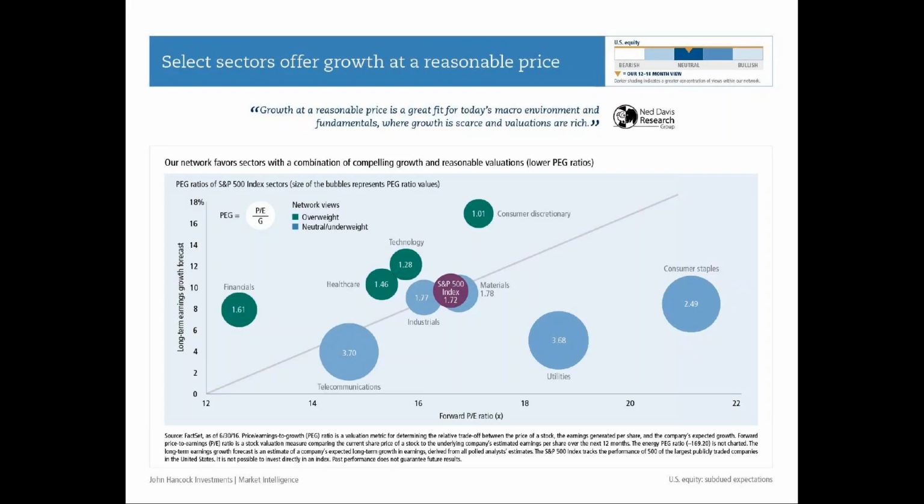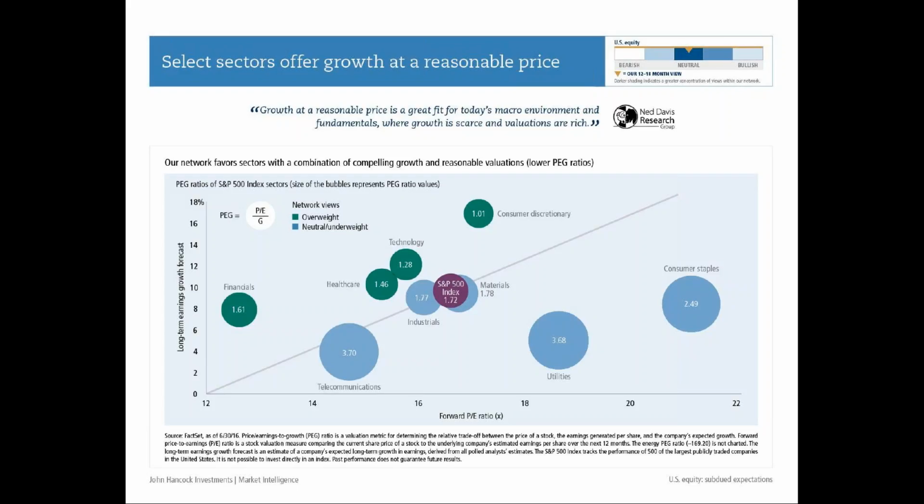If you think about where our asset managers are finding opportunities, it is these sectors that have lower price to earnings multiples for the most part and higher earnings growth forecasts. And those are in the financial sector, healthcare, technology, and consumer discretionary. The places they're not finding as many opportunities are telecommunications, utilities, and staples.